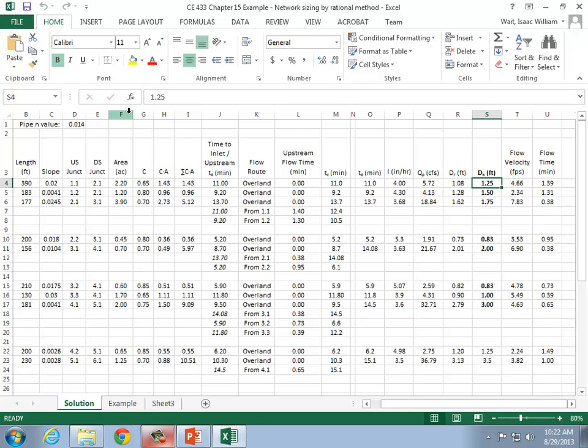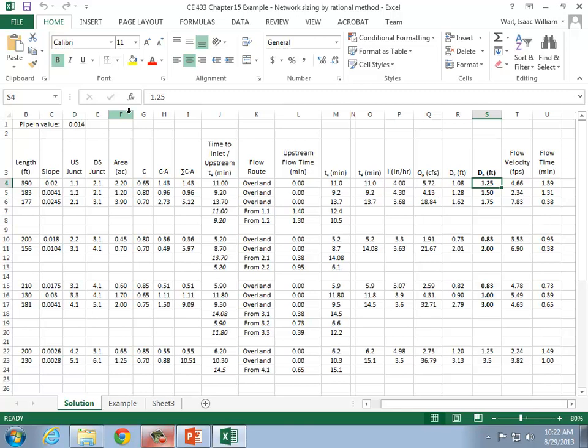And now what we choose as TD is the largest possible T sub C for that particular pipe. Now pipe A only has flow coming in from one route, and so it's 11.0 minutes. 9.2 minutes because it only had one route. But now here we need to pick the largest of the three. So whatever takes the longest is the one that governs.